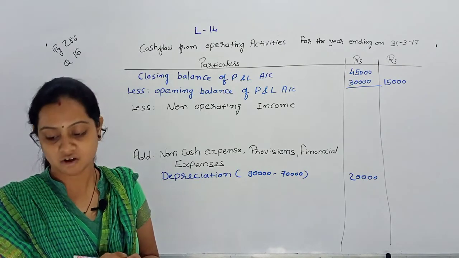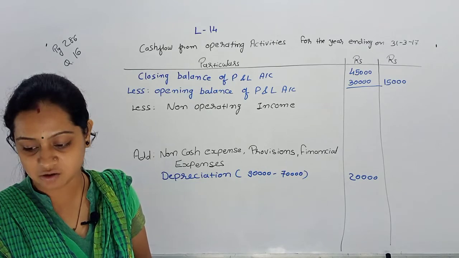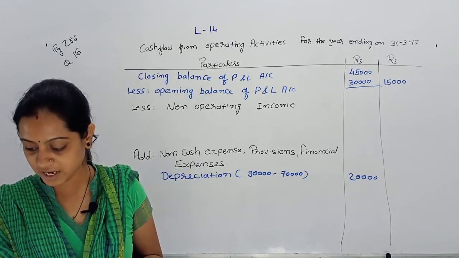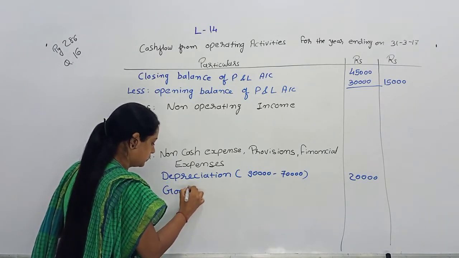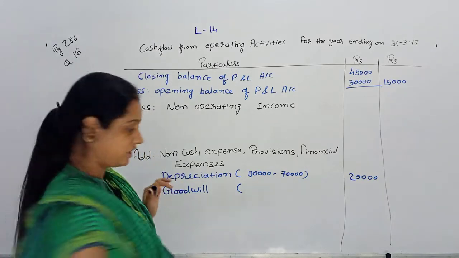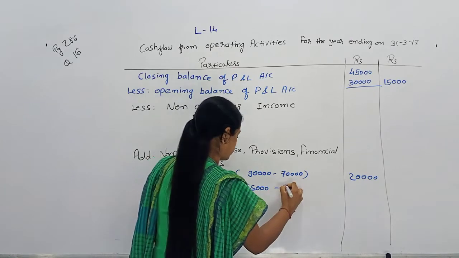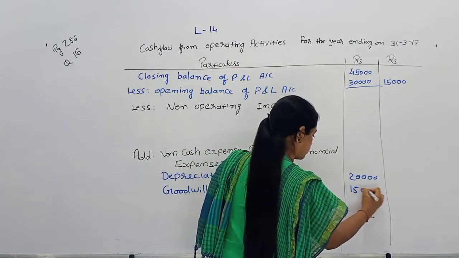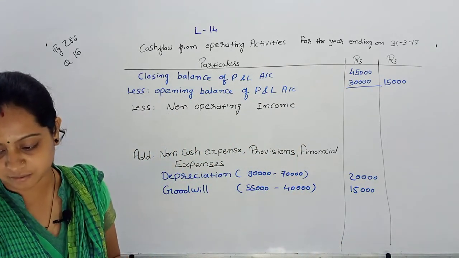So we have to write off goodwill. Amount is 55,000 and closing amount is 40,000, right? So difference will be 15,000. Goodwill 55,000 minus 40,000. 15,000, right?